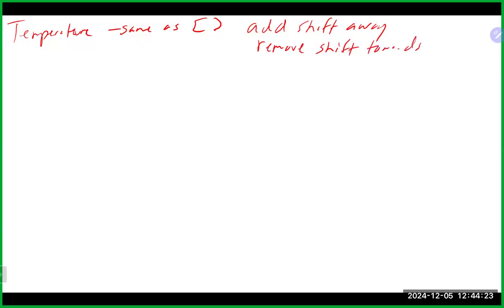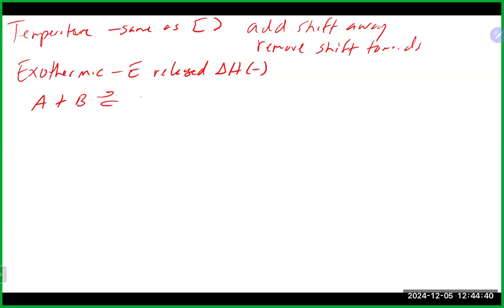This is all dependent on what type of reaction you're dealing with, which is either an exothermic reaction, which means that energy is released, also means that your delta H should be negative. And when we think about an exothermic reaction, we think of energy and heat as being a product. That means if you increase the temperature on an exothermic reaction, it will shift to the left away from the products. And if you decrease the temperature, throw everybody on ice in an exothermic reaction, it will come towards the product side.